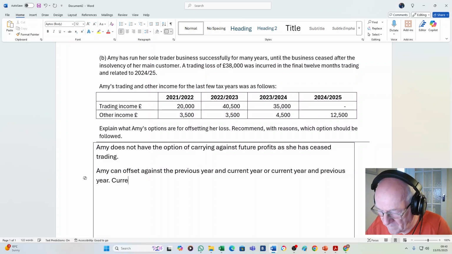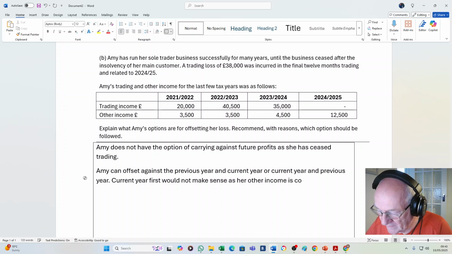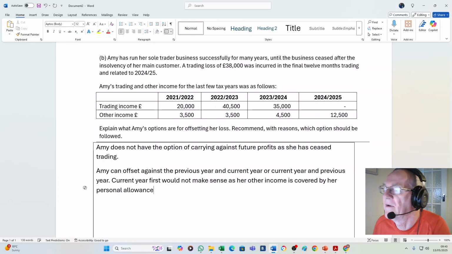Current year would not make sense as her other income is covered by her personal allowance.